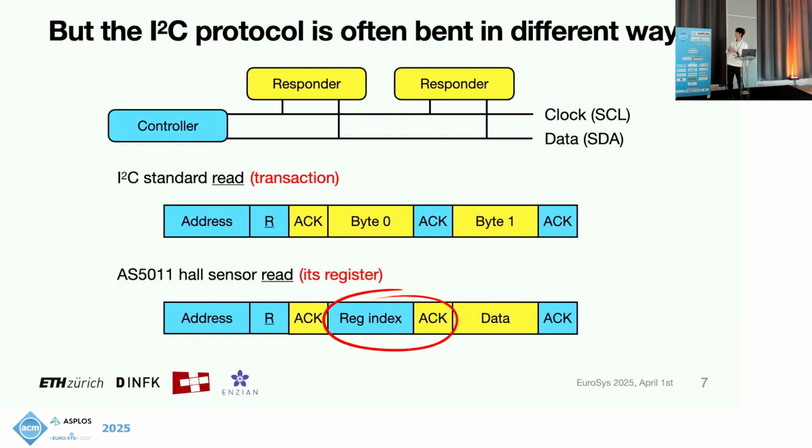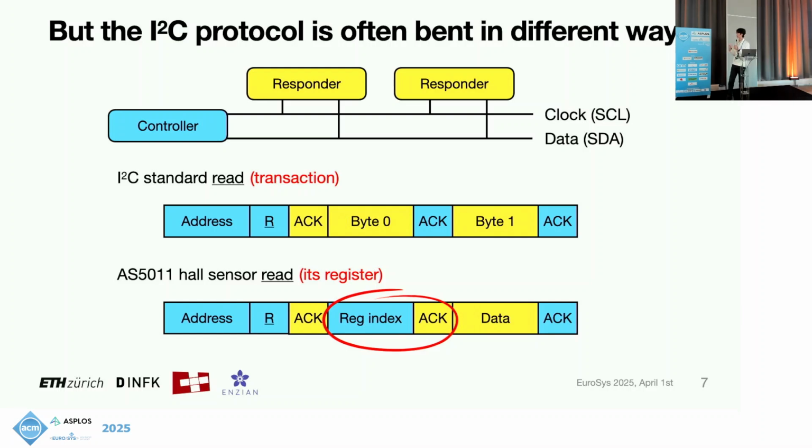However, the AS5011 Hall sensor does it differently. Following that bit, the payload bytes should be supplied by the responder because this is a read transaction, right? But the AS5011 Hall sensor does it differently. The first payload byte, instead of being supplied by the responder, is actually supplied by the controller as the register index to read from the sensor.